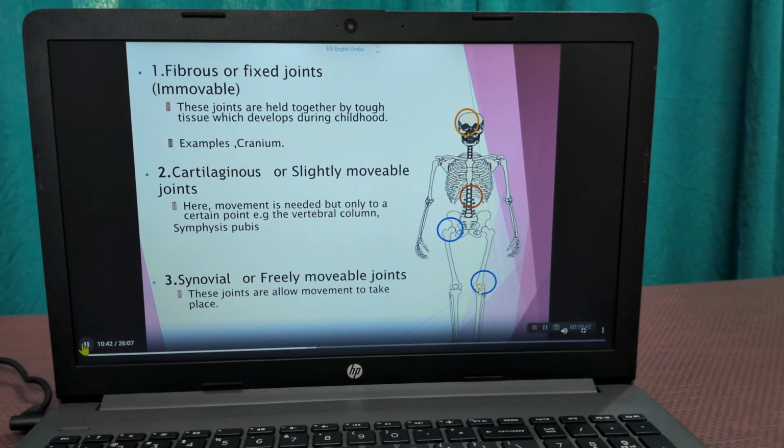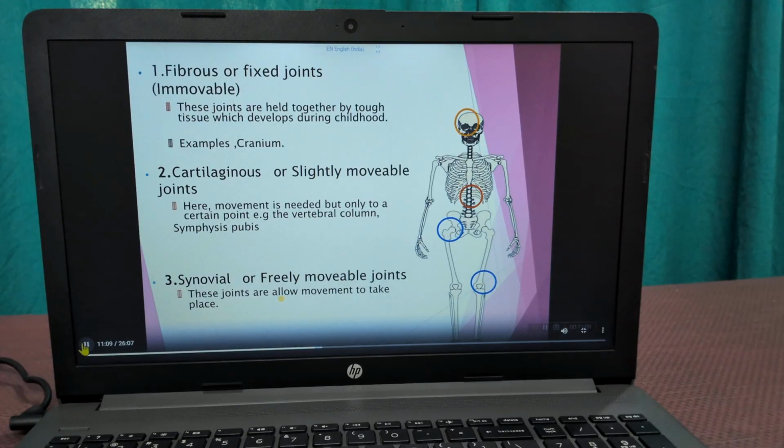The space which is present between the adjoining bones is known as the synovial cavity, and the synovial cavity is filled with what? It is filled with synovial fluid. Alright. So what is the function of the synovial fluid in the synovial joints? Synovial fluid lubricates the joint, reducing the friction between the bones and allowing for greater movement.